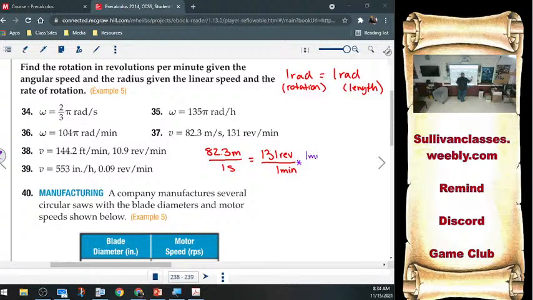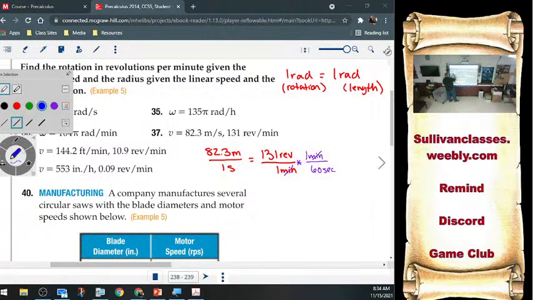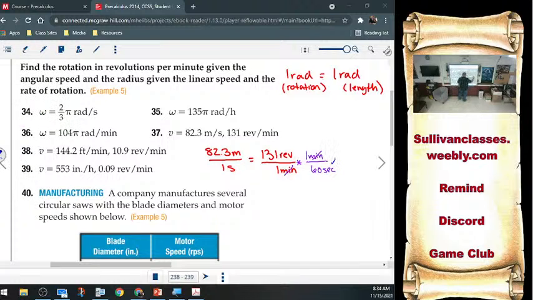There's 1 minute to 60 seconds. Cancel, cancel. 1 revolution is 2 pi radians. I'm now in radians per second equals meters per second.